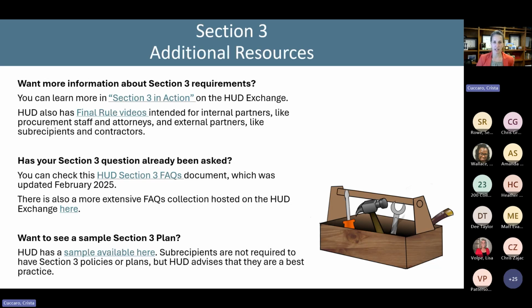They have a document that's a static document updated earlier this year, and then they have a web page where they add new questions. Based on what I could tell, these were two different documents. They're not duplicative of one another, but you can take a look and see if your Section 3 question has already been asked.